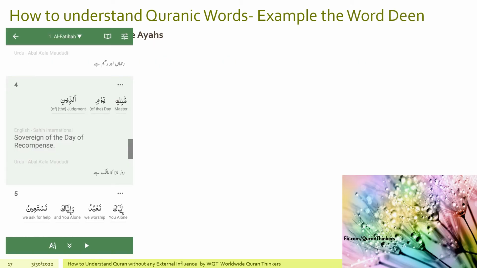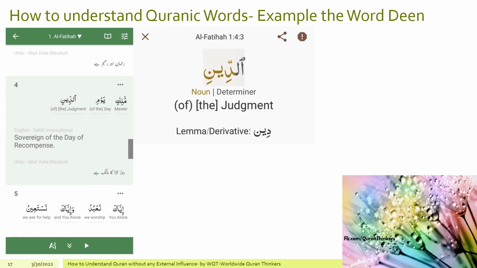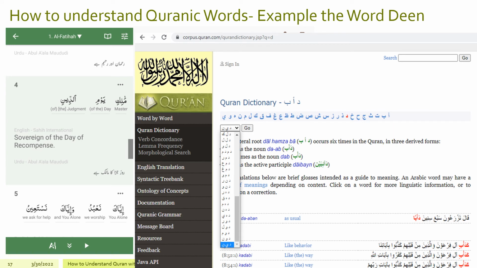So if we take out all the ayahs of the word deen, this time we are using the website corpus.quran. In order to use the website, you go to Quran dictionary, click on the word dal, and then search for dal ye noon in order to arrive at all the ayahs.